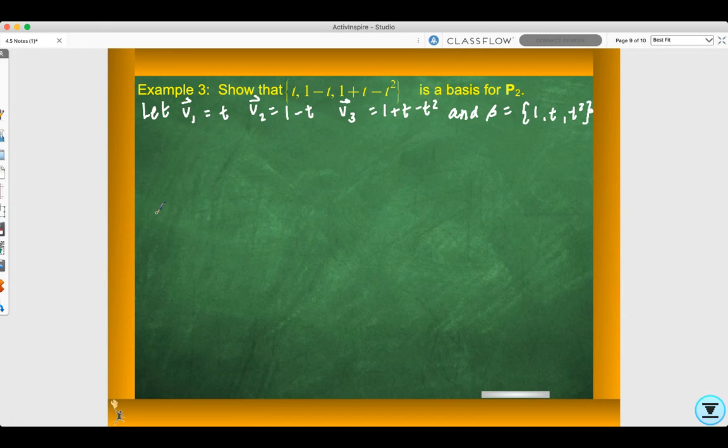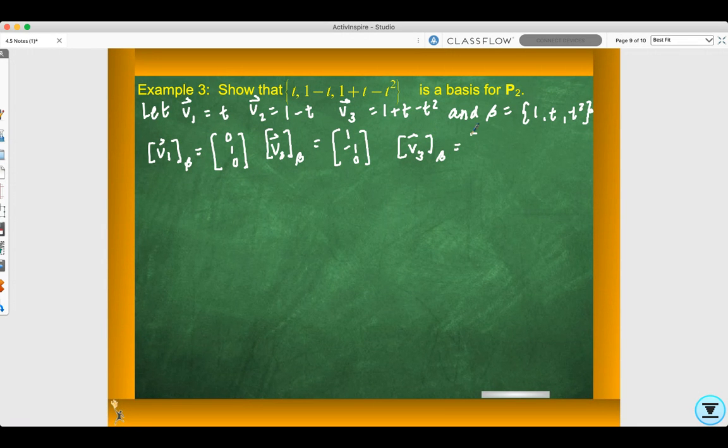So we're going to write our corresponding coordinate vectors. Our coordinate vector of v1 relative to B is (0, 1, 0). Our coordinate vector of v2 relative to B is (1, negative 1, 0). And our third one is (1, 1, negative 1).